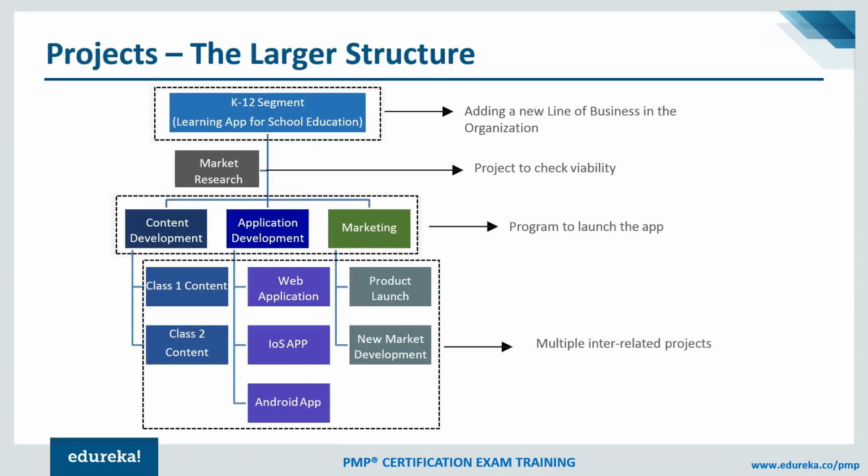Then your marketing team, there would be different teams working on the product launch. Then you have one team working on the marketing, new market development. You will prepare your GTM plan, you'll start execution of that GTM plan. So these are the different activities that your organization will perform when they decide to add a new line of business.